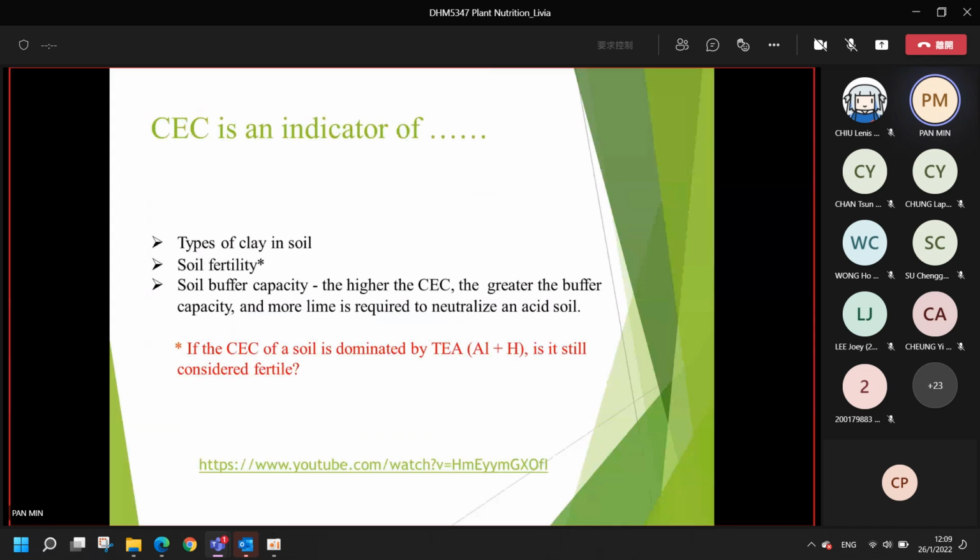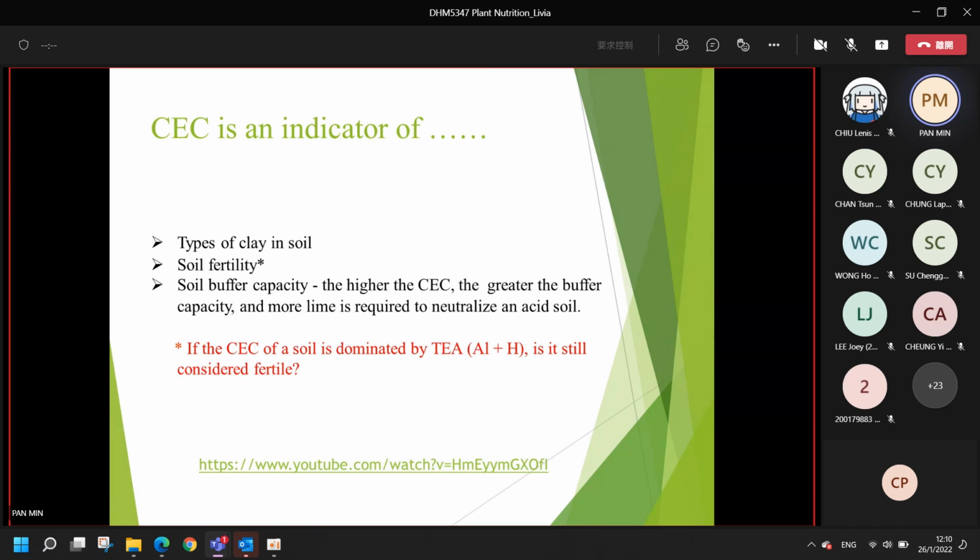Also the CEC number indicates the type of clay in the soil, what we need to conserve for nutrients in the soil, to judge whether the soil has enough nutrients for plant growth.